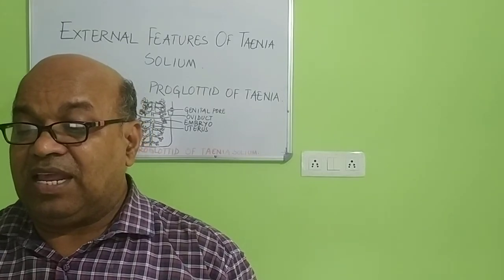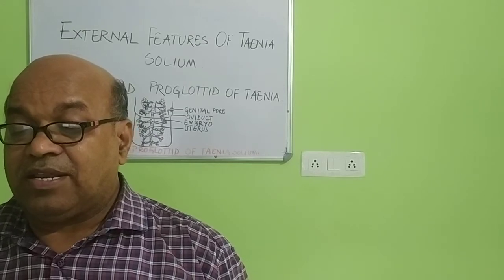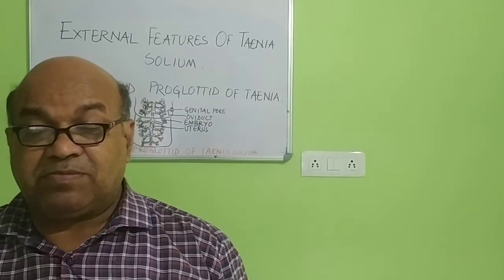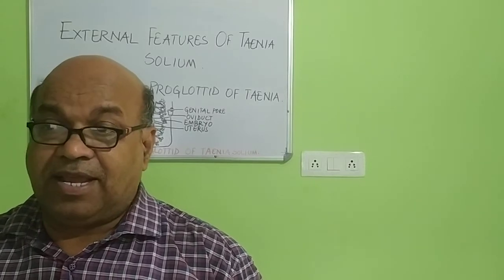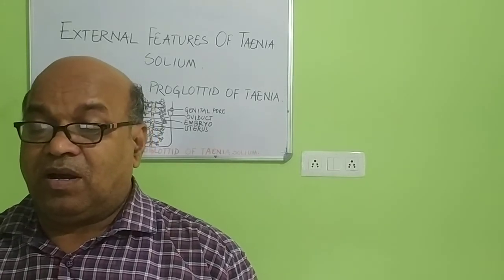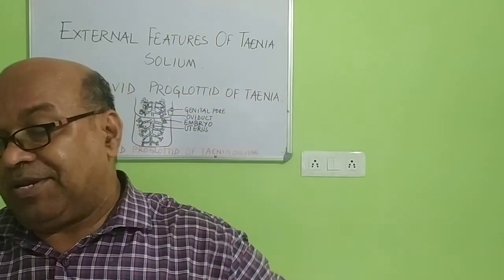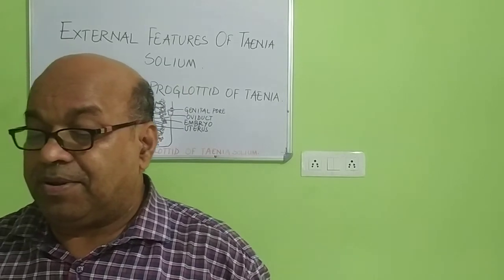Beneath it lies a layer of longitudinal and circular muscle fibers respectively. I already explained that Taenia solium is a triploblastic organism, possessing three germ layers: ectoderm, mesoderm, and endoderm.